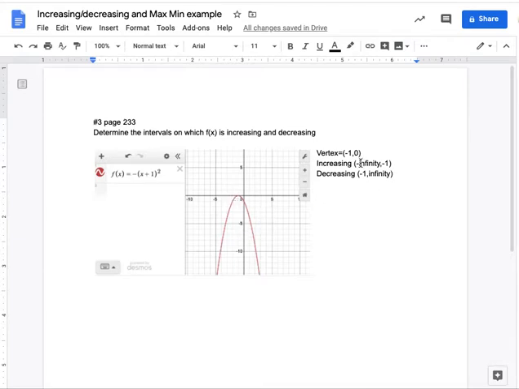So why do we use parentheses? Well, we use parentheses for infinities all the time. And we use parentheses on the negative 1 values here in our interval form because at the point negative 1, 0, at that instant it is not increasing or decreasing. We're going to talk about that in just a second.